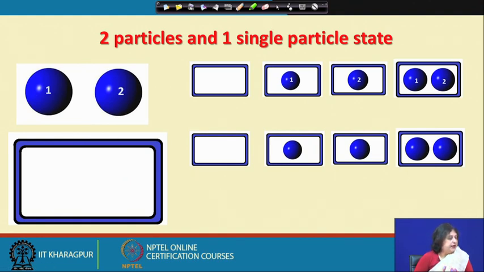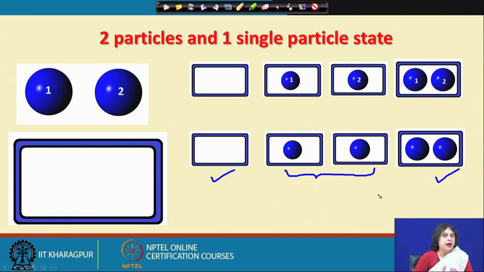What you find is that this remains the same, this also remains the same, but now I have the problem that both these states are absolutely identical.